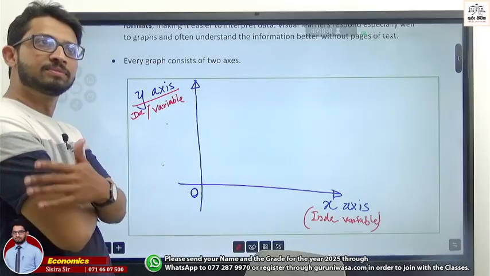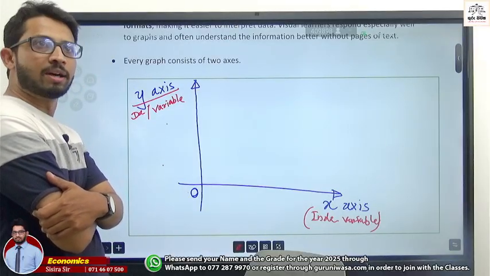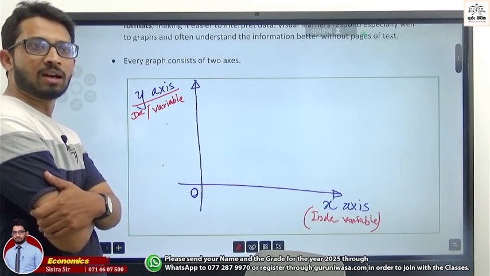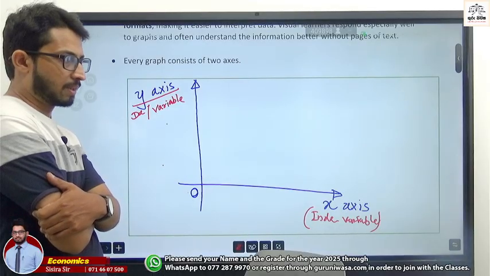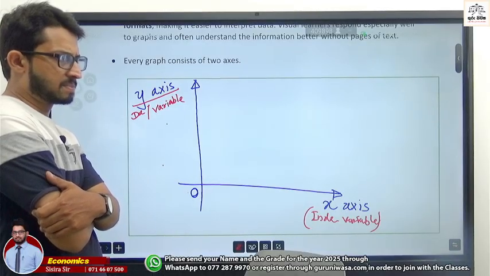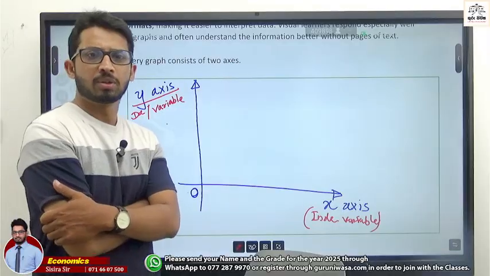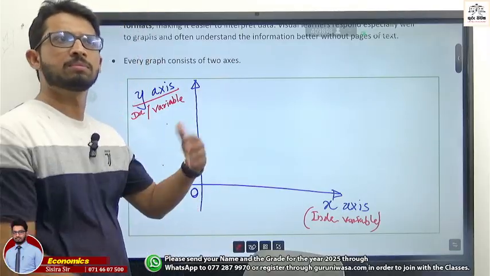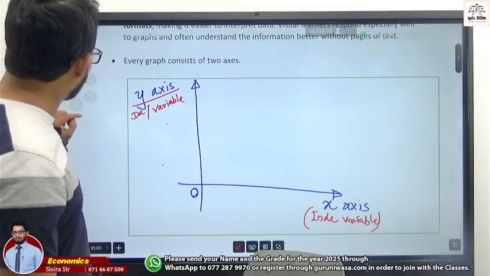When drawing graphs, don't forget this. You can't swap the x-axis and y-axis, like you did in O-level. Okay. Shall we move to the next part?